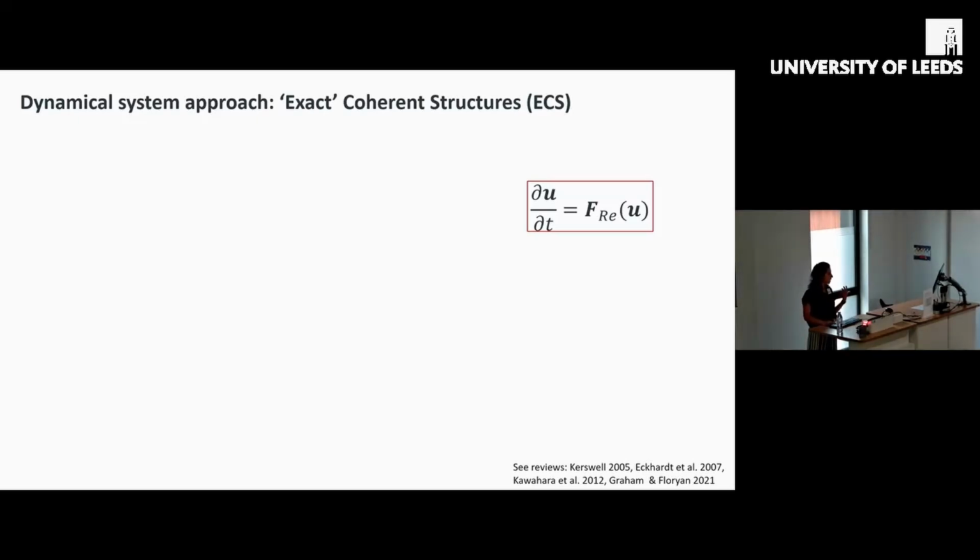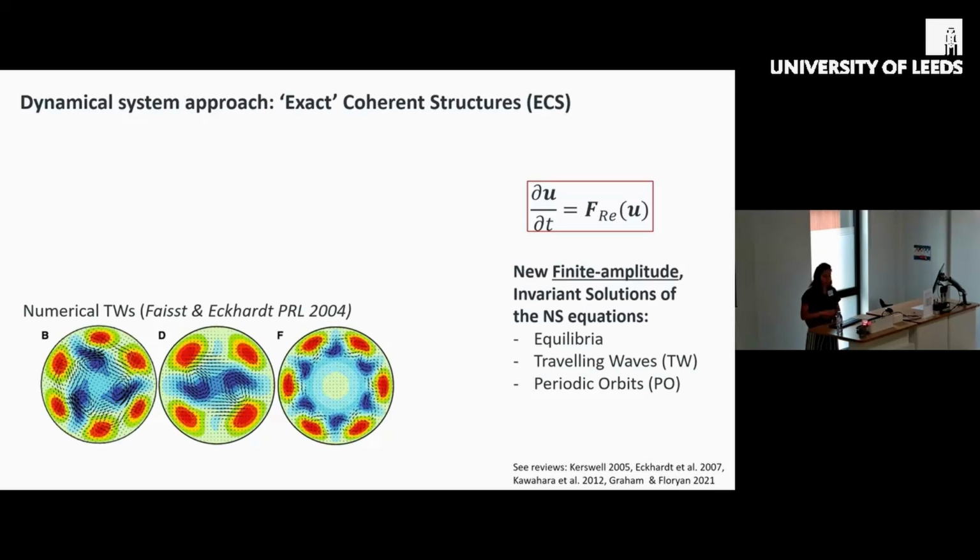So this dynamical systems approach was sparked by the discovery in the early 2000s, in the case of pipe flow, of new finite amplitude invariant solutions of the Navier-Stokes equations, which are disconnected from the laminar state.